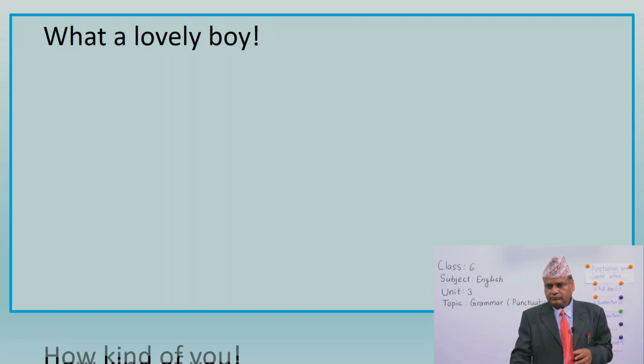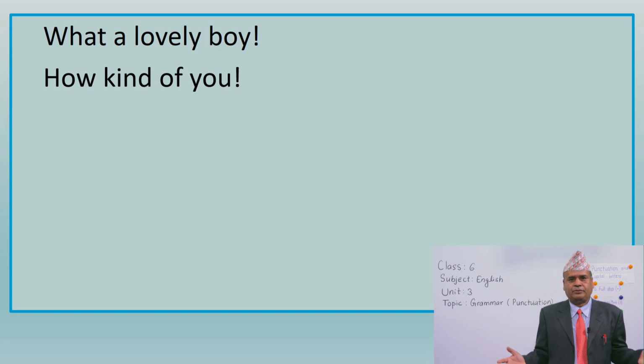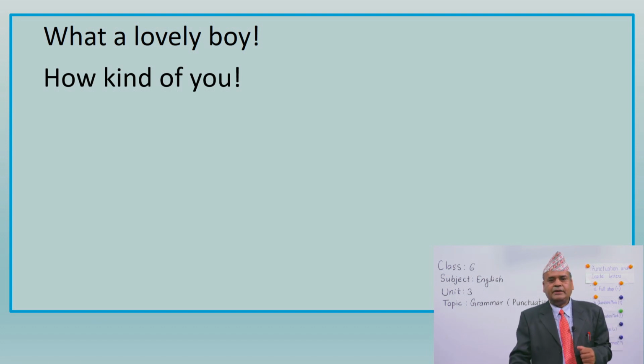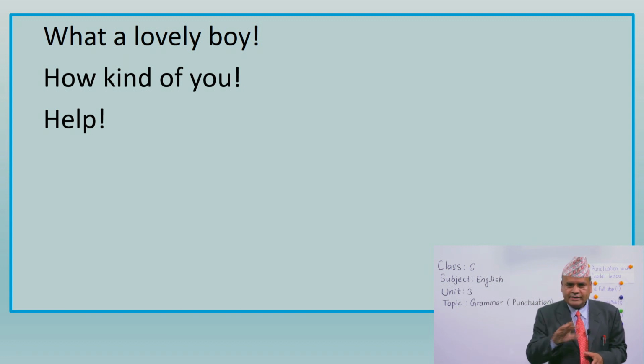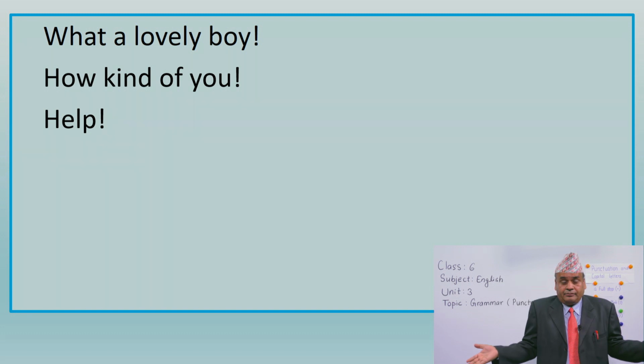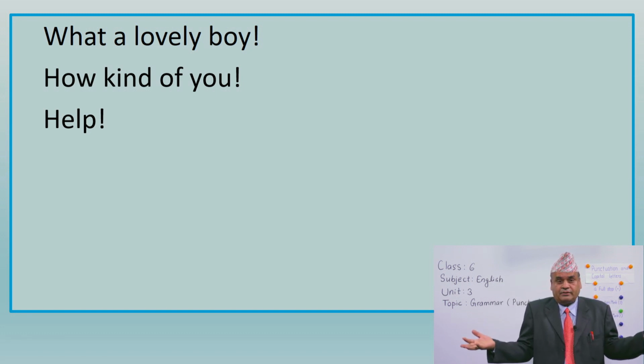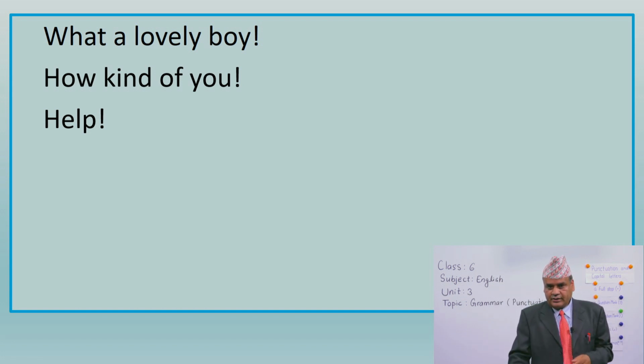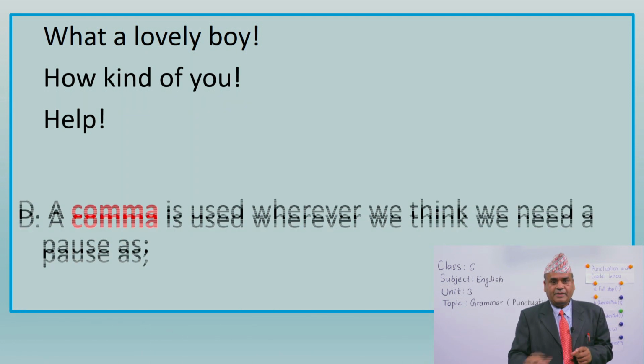How kind of you! Okay, these are exclamatory sentences. So we are using exclamation marks. What a lovely boy! How kind of you! They show sudden feelings, emotions, kind of things, right? You have expressed something suddenly, right? So in that case, we use exclamation.